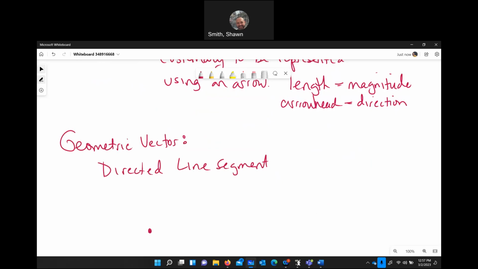So if I have some point, let's say P, and I want to get it to some point Q, I would indicate it with a line with the arrowhead pointed towards Q, right? Very simple.